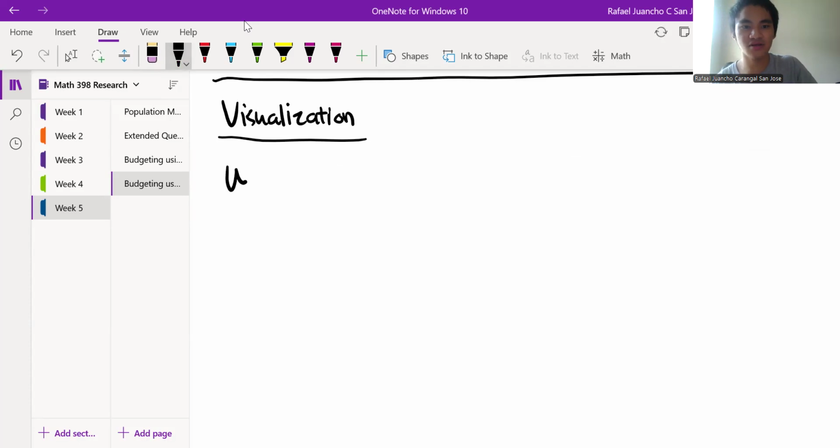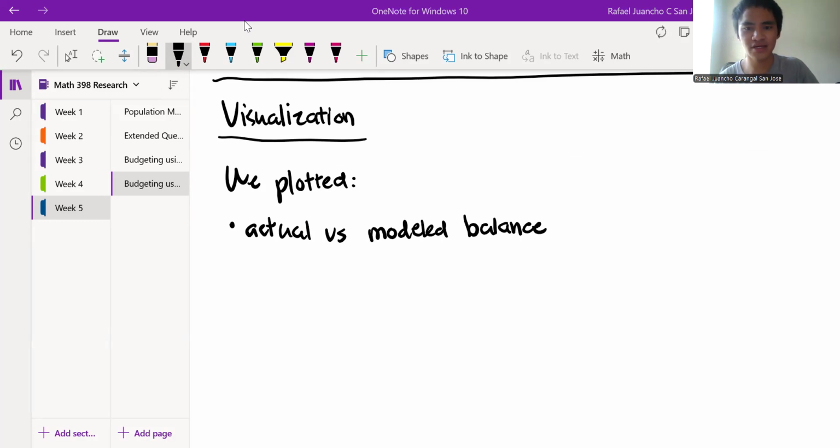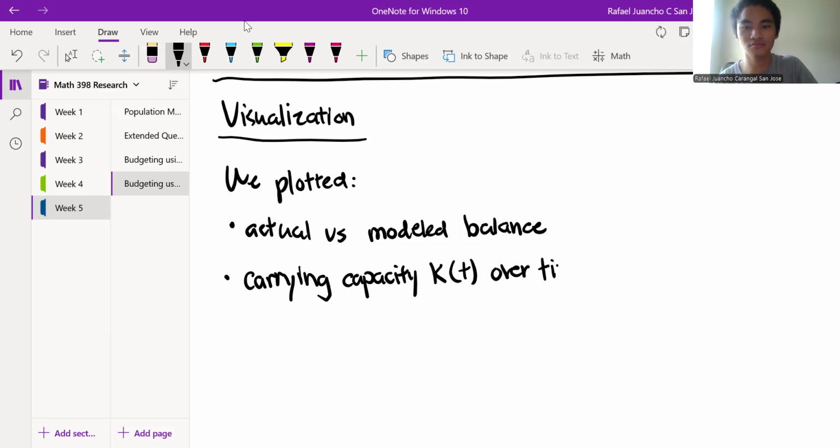So basically, we plotted the actual versus modeled balance, or simulated balance, and my carrying capacity over time, which decreases linearly, as well as hoverable and zoomable features.